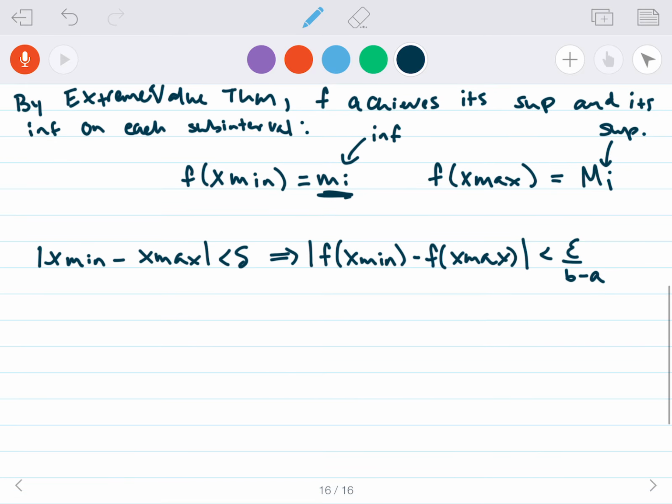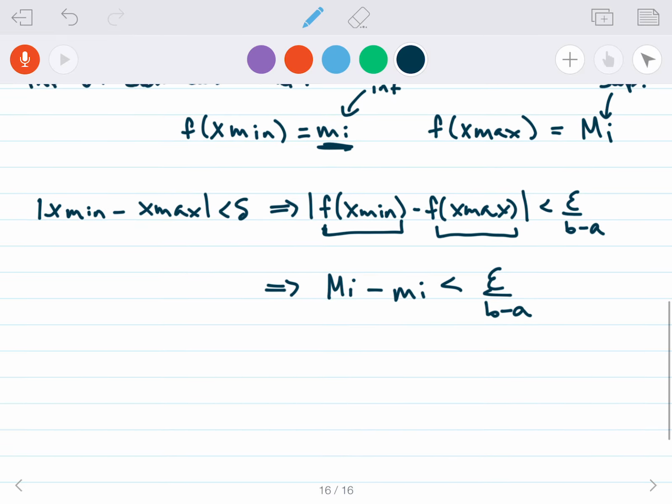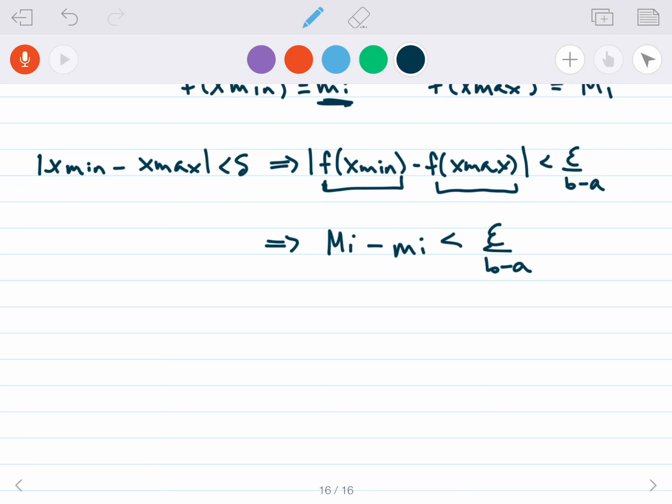Okay, and so this is going to imply, because what's f of x min? That's little m_i. What's f of x max? That's capital M_i. So when we take that out of the absolute value, it becomes capital M_i minus little m_i is less than epsilon over b minus a. Okay, and so if we go back to our upper and lower sums of our partition, then we have the following.